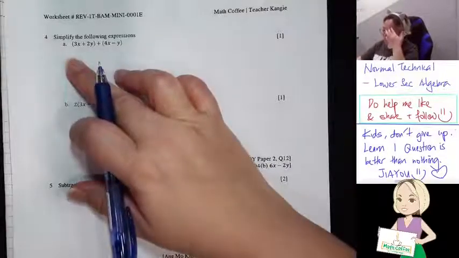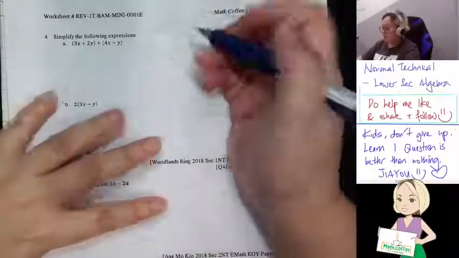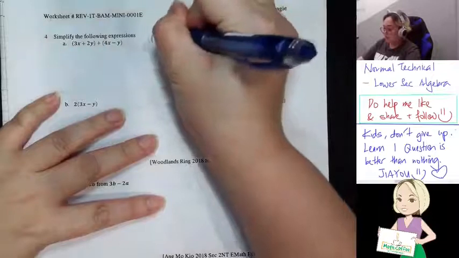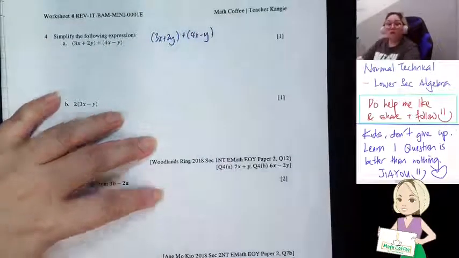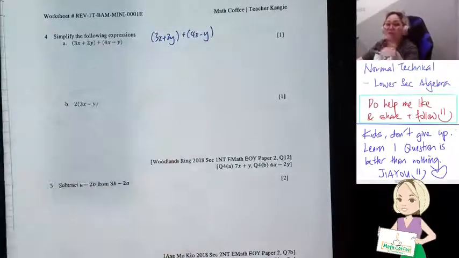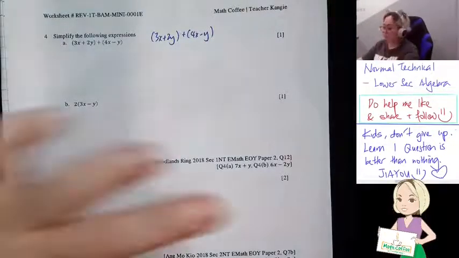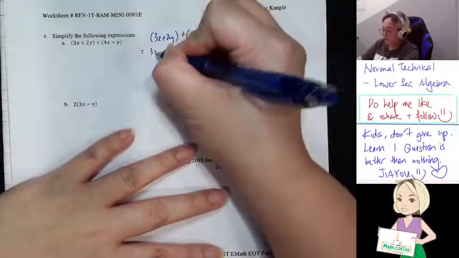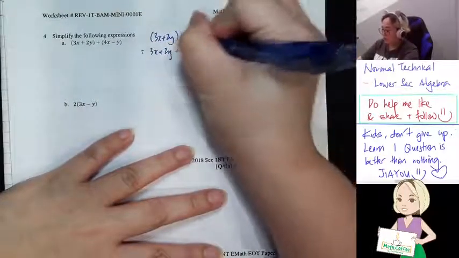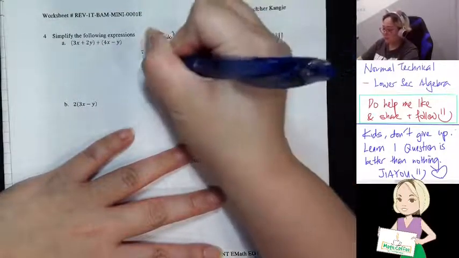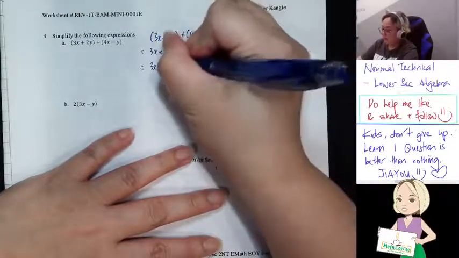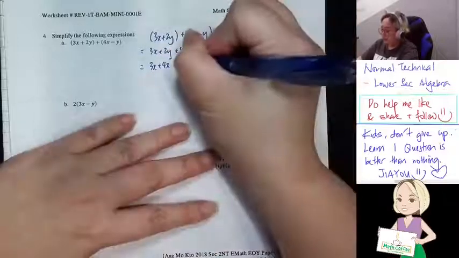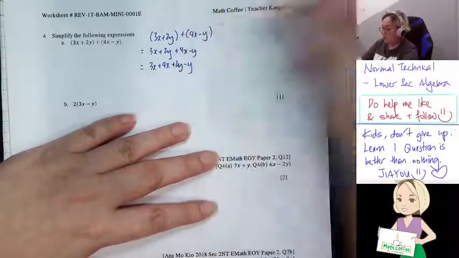So this one, simplify the following expression. So I'm going to write out here 3x plus 2y plus 4x minus 1. So when it's plus, it's very straightforward. When it is addition, you just remove the bracket. So it is just 3x plus 2y plus 4x minus y. Group the like terms together. So 3x plus 4x is together, plus 2y minus y is together.